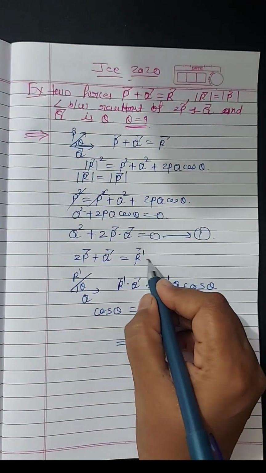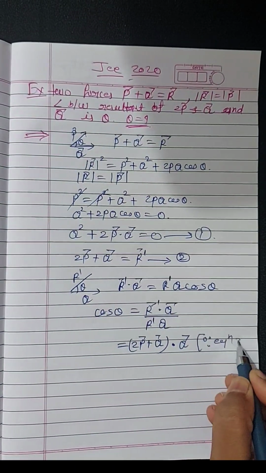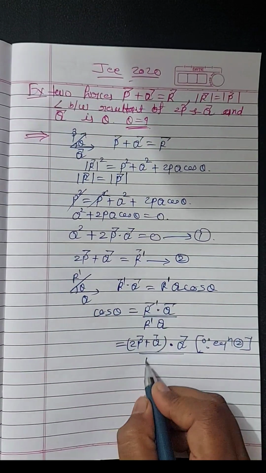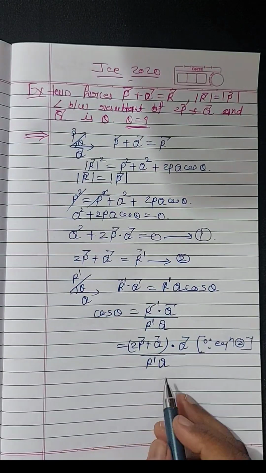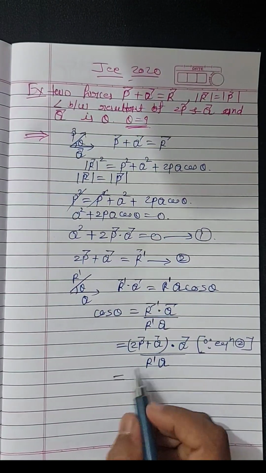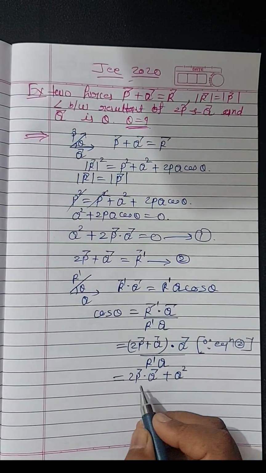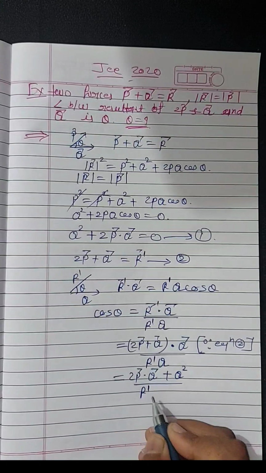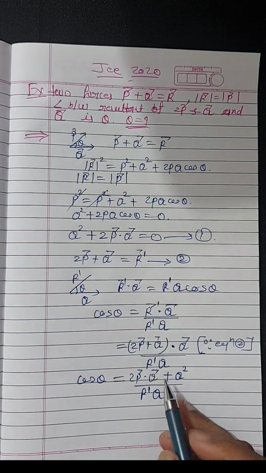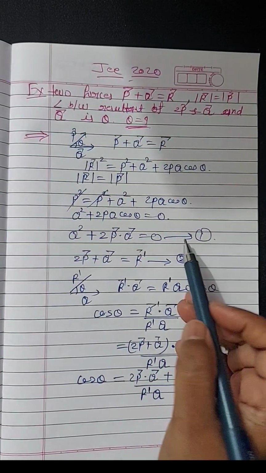We can write that this is our equation number 2, divided by the magnitude of R dash and the magnitude of Q. Multiplying here, it is 2P vector dot Q vector plus Q square divided by the magnitude of R dash, magnitude of Q, which is cos theta. Now see, this is the known equation: 2P vector dot Q vector plus Q square.